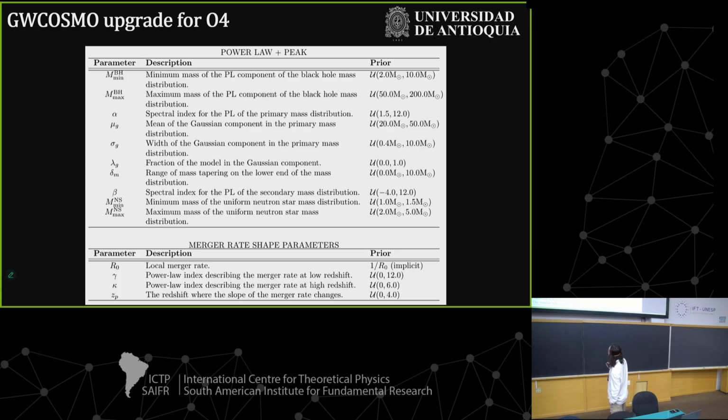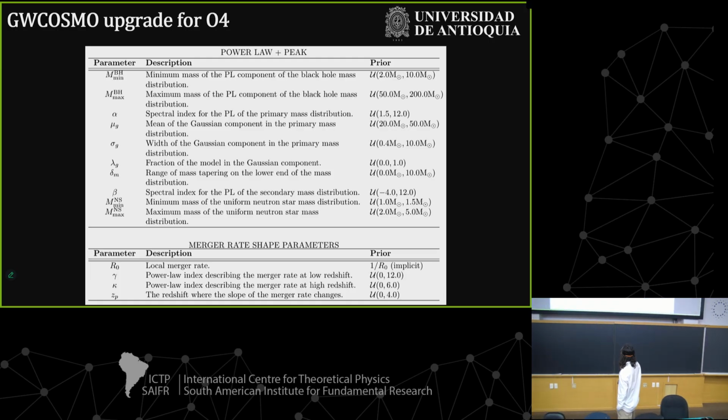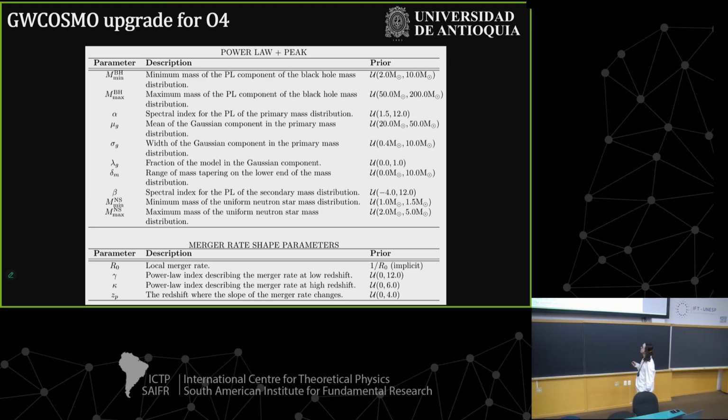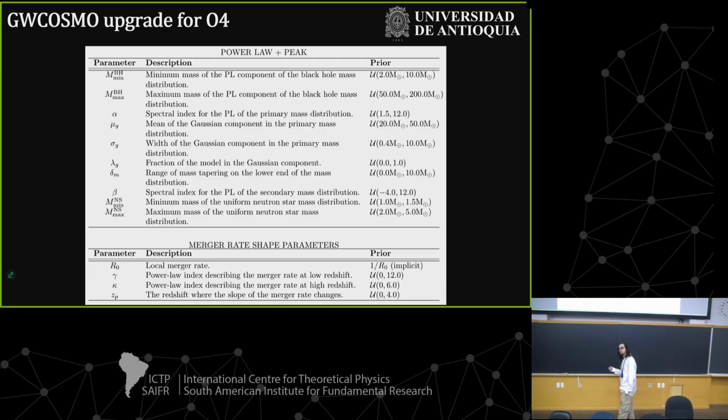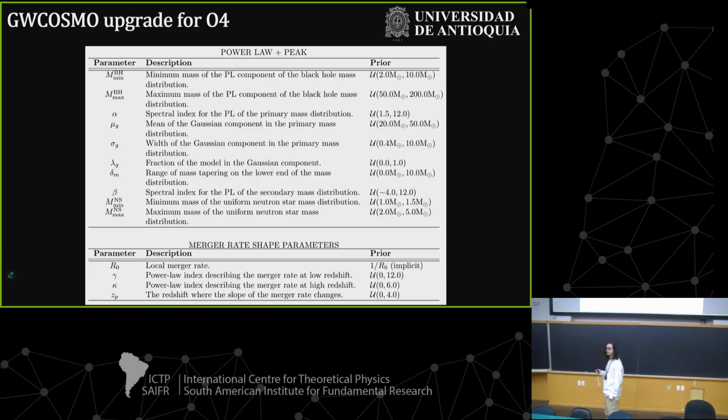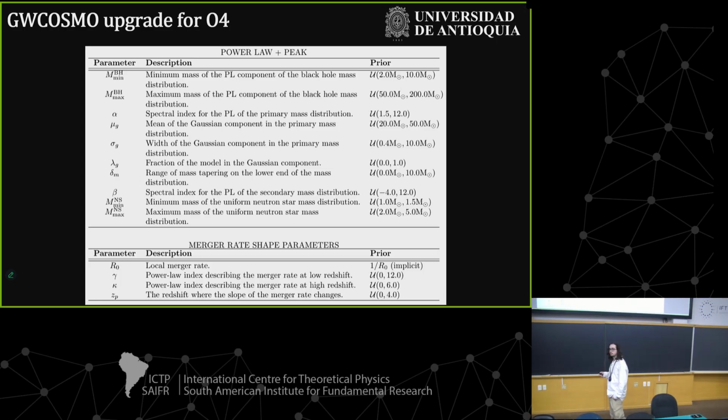So these are the minimum and maximum masses of the black holes, the power law index of the power law component of the distribution, the location of the Gaussian peak, and the width of the peak. This parameter tells you how much of the distribution is a power law and how much is the Gaussian for the mass model. Then there is a smoothing parameter to smooth the distribution at the lower end of the mass spectrum.